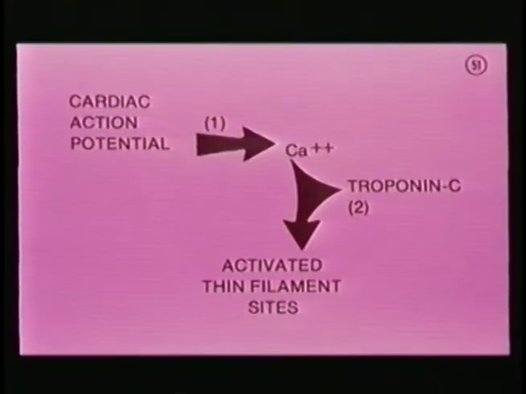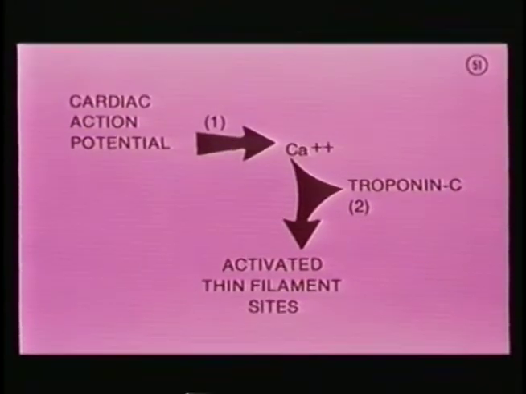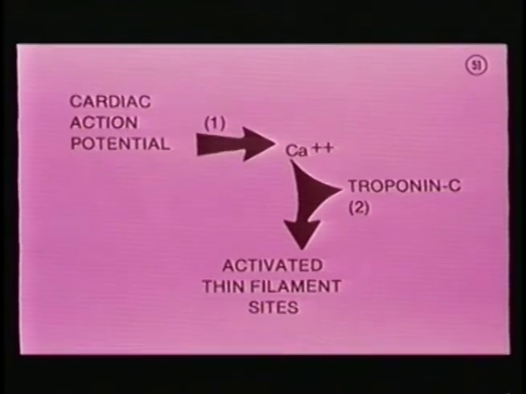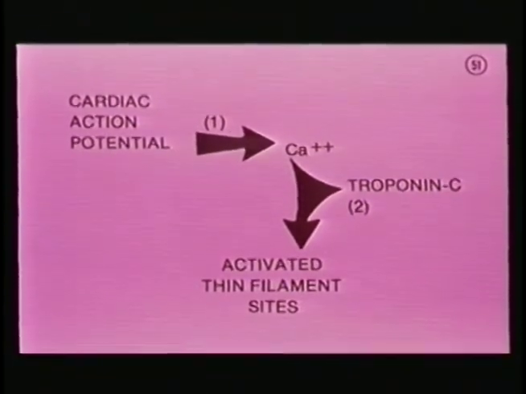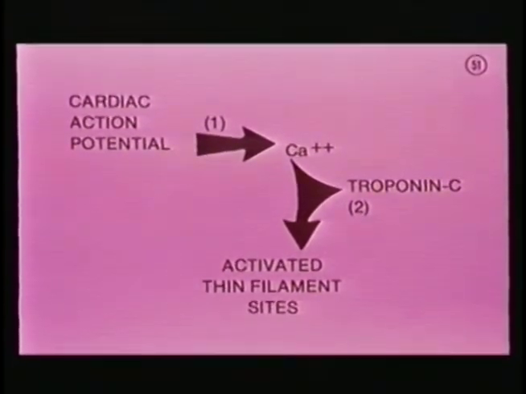Slide 51. The sequence of steps involved in cardiac activation and sarcomere shortening is shown on this and the next two slides. In step 1, the cardiac action potential releases calcium. Calcium binding to troponin C in step 2 produces activated thin filament sites.